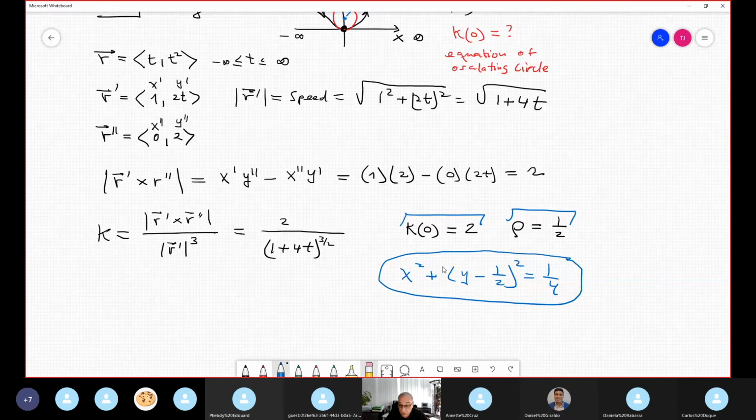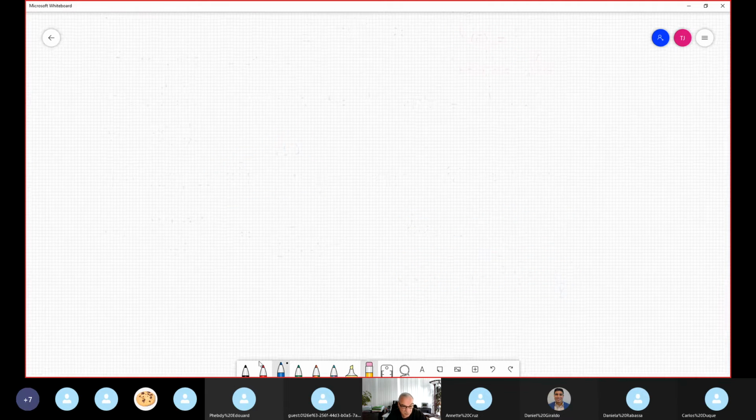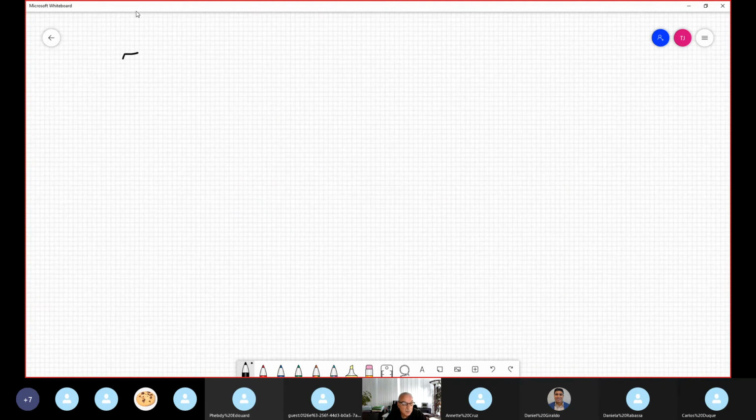I bring another example in 3D. In 3D, we cannot use that formula. This formula is only valid for 2D. But okay, we use the classical cross product. Let's do it in 3D. Example number 4 is 3D.